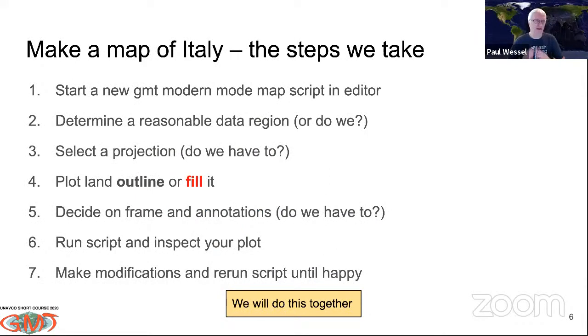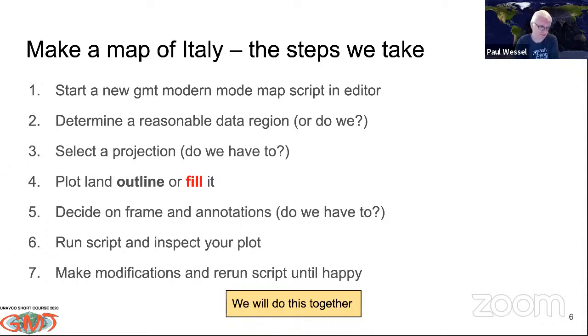So we're going to start off by making a map of Italy. And the steps we're going to do together: we're going to switch out of this Google Slides shortly, and start a new script in the editor, and make a map of Italy. So we kind of need to know the region of Italy. What are the longitudes and latitudes? Or do we? We'll see how we do that.